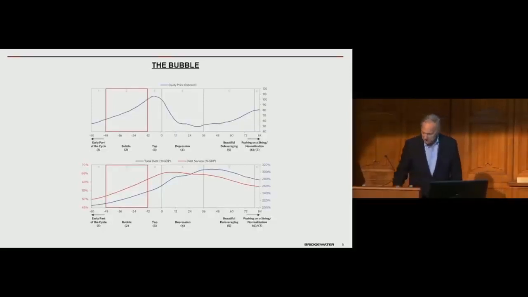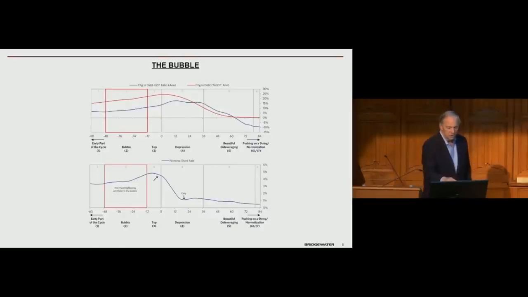In that bubble phase, this chart shows changes in debt as a percentage of GDP, changes in debt minus the change in GDP growth. In other words, the rise in debt relative to GDP.